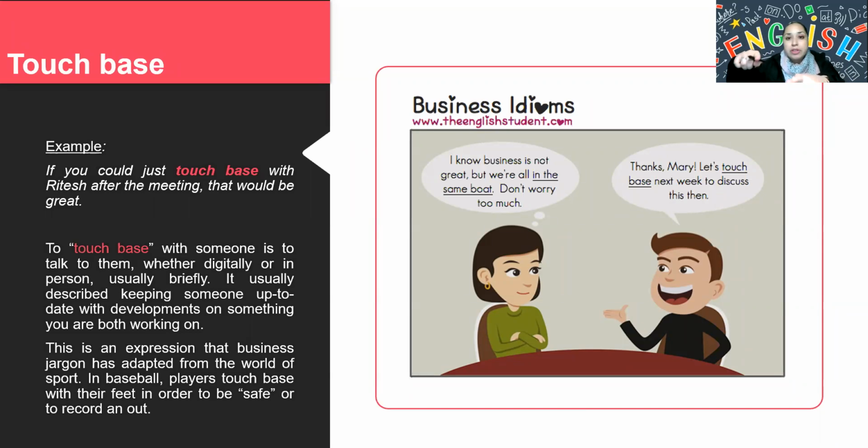I put an example here with two people talking. The first person says, I know business is not great, but we are all in the same boat. Don't worry too much. And then the second person answers back, thanks, Mary. Let's touch base next week to discuss this then. So he's referring to, let's meet again to talk about this project.